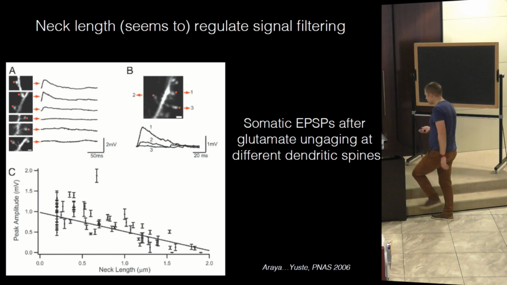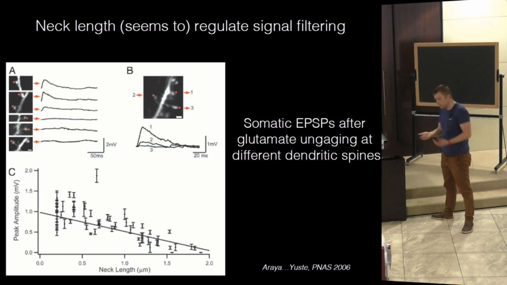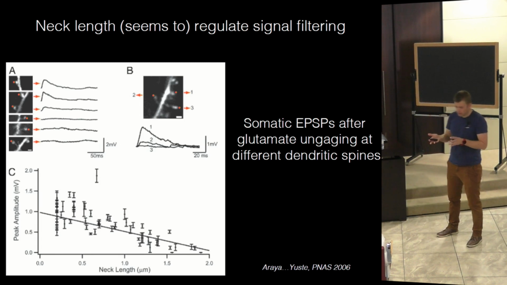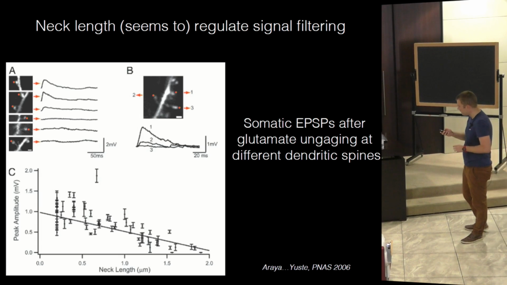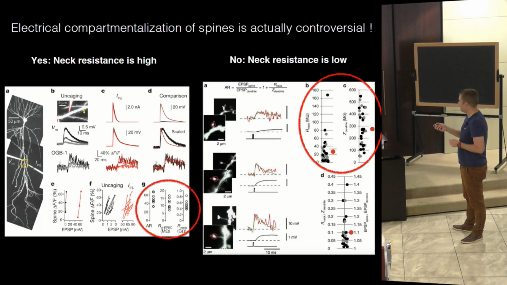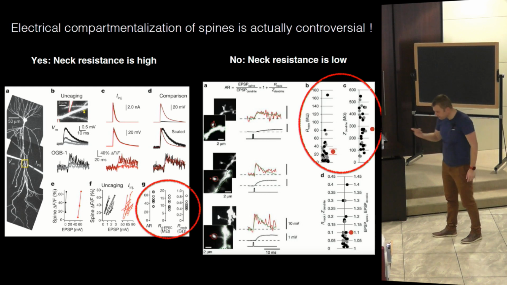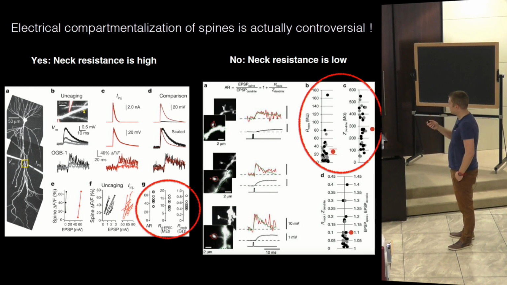But this is one study, and actually if you read the literature, you have more or less half of the labs that say there is no clear electrical role of the spine, and half of the labs that are completely convinced that there is a strong role of the spine in filtering the electrical signal. I didn't put where these images come from, because this is to illustrate that there is a true controversy.